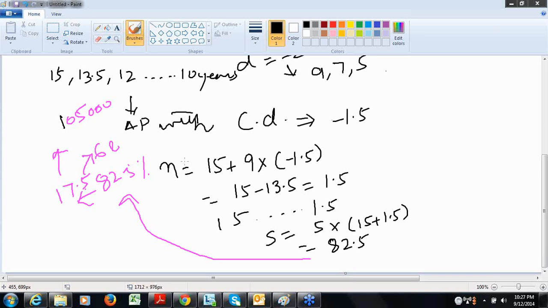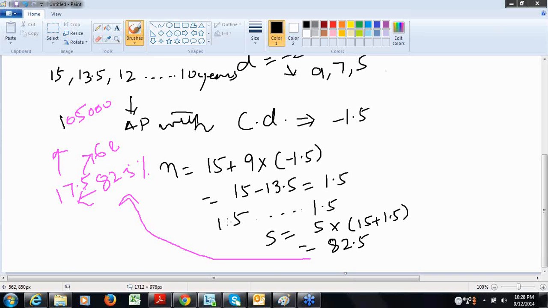So after 10 years, how much will be the last depreciation? The nth term is a plus n minus 1 times d, that is after 10 years. So 10 minus 1, 9 into common difference minus 1.5.